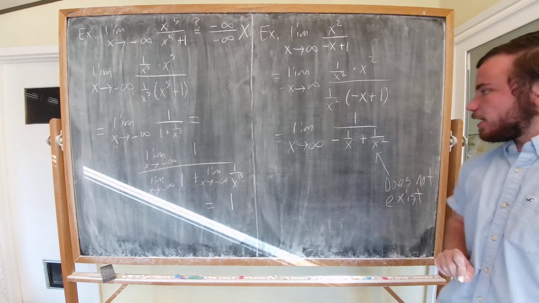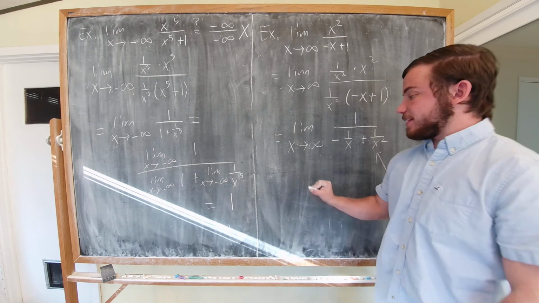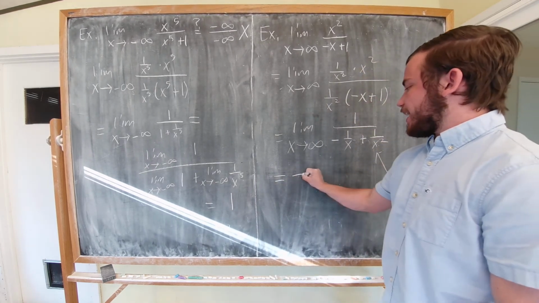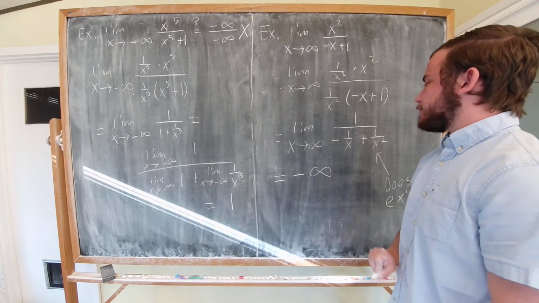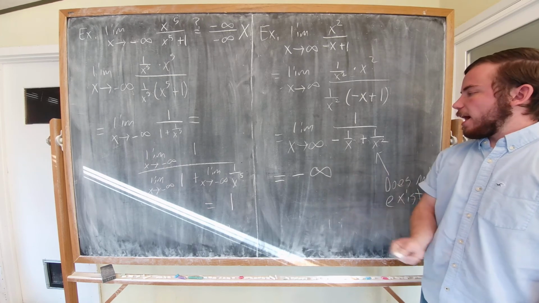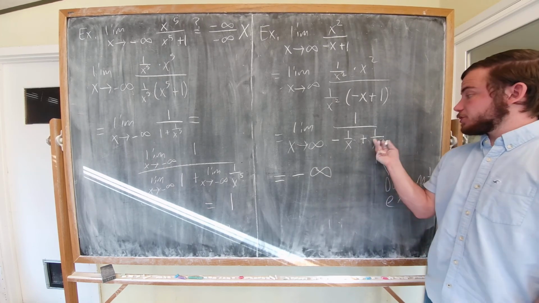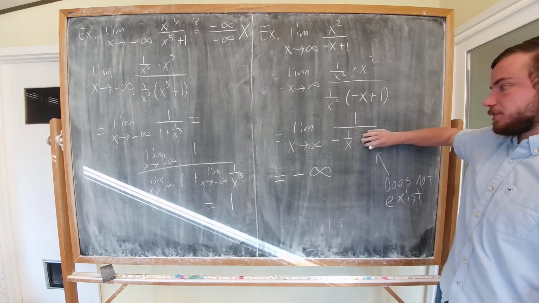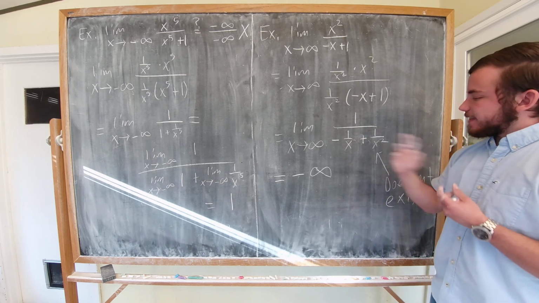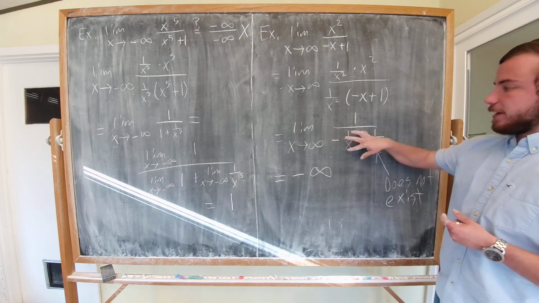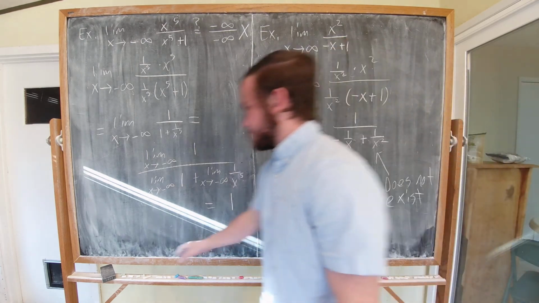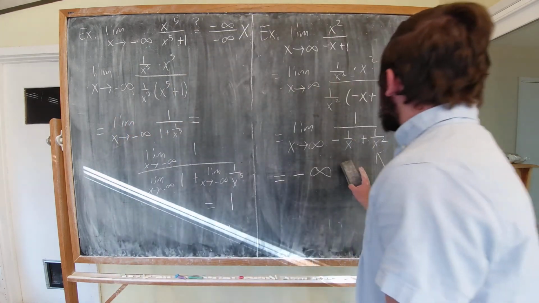But we can fudge a little bit and say that this is equal to negative infinity. Okay? Why negative infinity? Well, this term is going to drop away faster than this one, so let's ignore that for a second. That'll just end up going towards negative infinity via fraction multiplication. You know what? I'll do that now with a few more steps, so it's more clear.